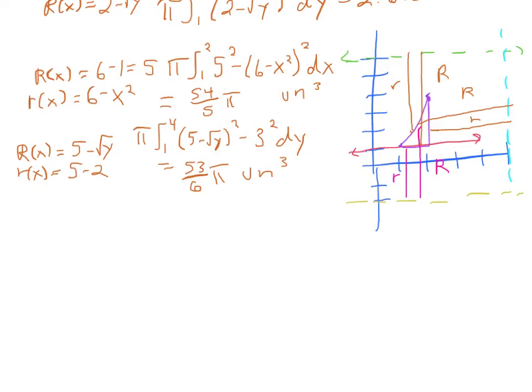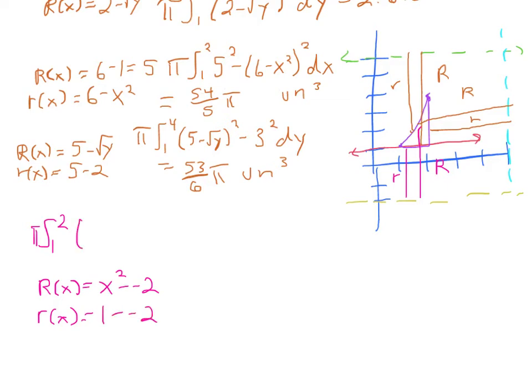So we will be integrating, this time in terms of x, from 1 to 2, pi out in front, always forgetting that. And our big R of x will be our function, x squared, minus our axis of revolution, so minus a negative 2. And our little r of x will be 1 minus a negative 2.